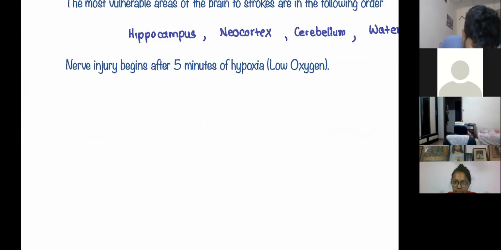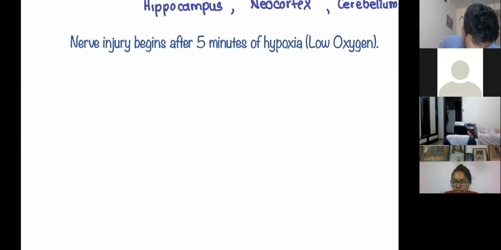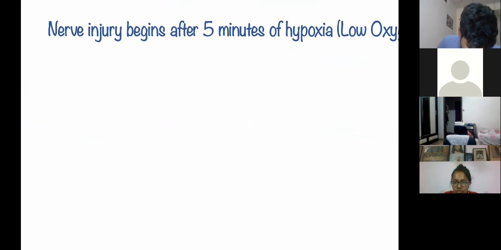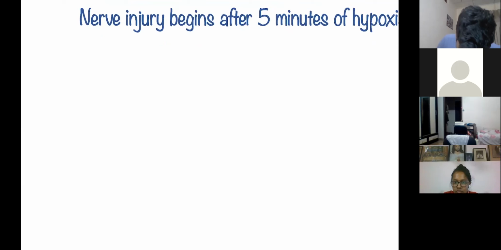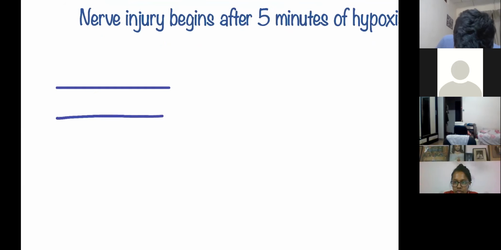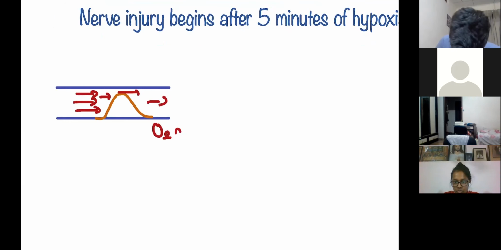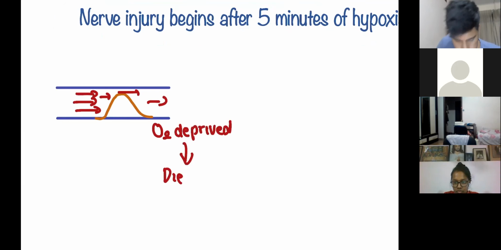Now, ischemic stroke occurs due to three things. Let me just talk about ischemic stroke. The main reason is that there's something that blocks the blood flow, and this area becomes oxygen deprived and dies.